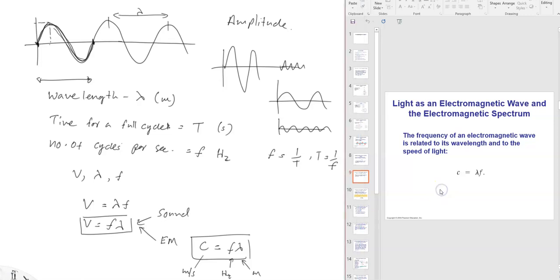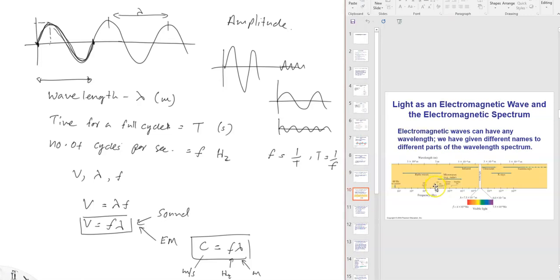Okay, let's see what else. Electromagnetic spectrum. What is spectrum? When we list all the known different waves according to their lambda or according to their frequencies, we call it the electromagnetic spectrum. Now, the diagram is a bit small.